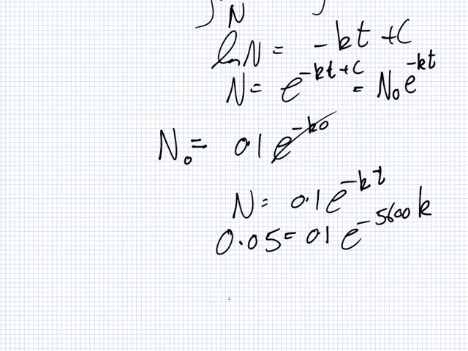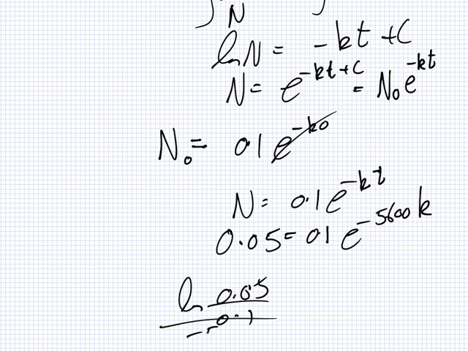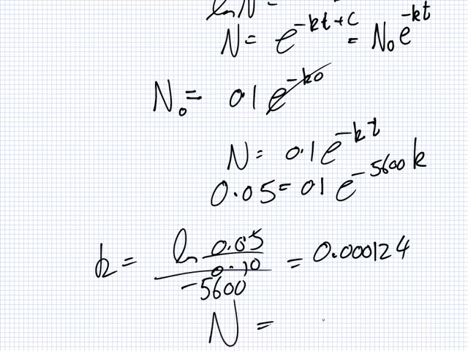So k is this, and that I know will be positive. Minus ln 0.5 over 5,600, that's about 0.000124. So n equals 0.1 e to the minus 0.000124 t. That is the answer.